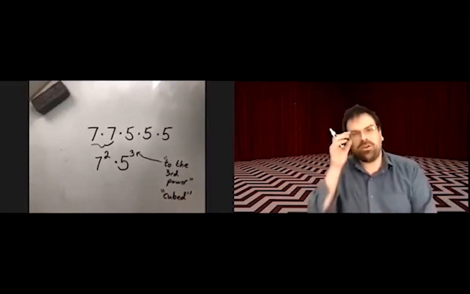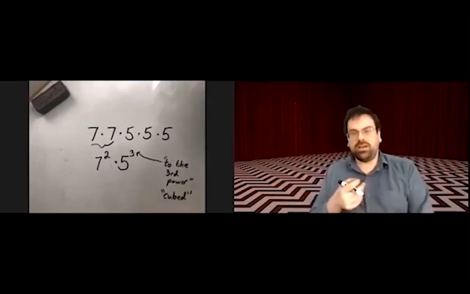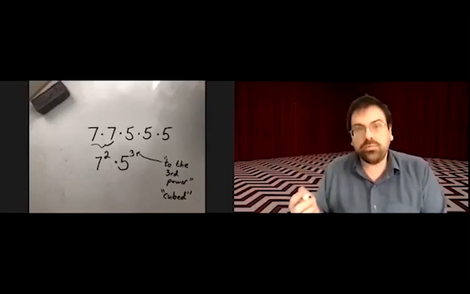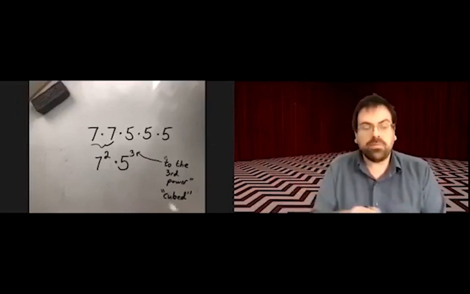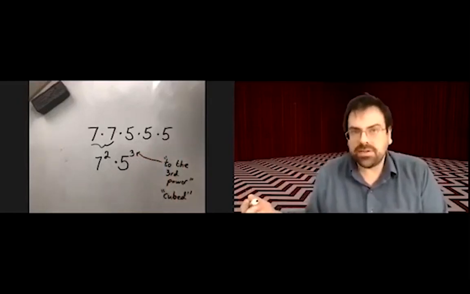And now, have you ever heard of cubic feet? Have you ever heard of cubic inches? Cubed is what we get when we multiply something by itself a total of 3 times.